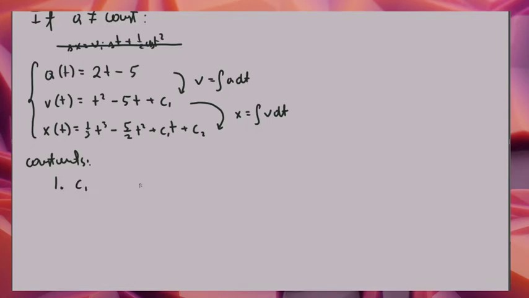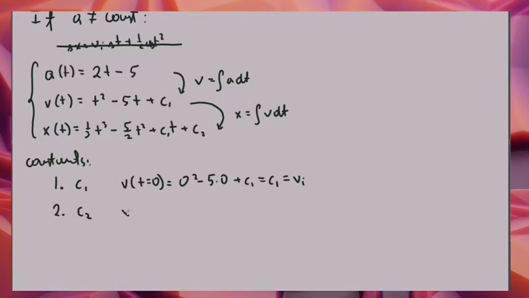To find c1, what I would do is set the time to 0, and then that gives me 0 squared minus 5 times 0 plus c1, and that's nothing but c1. So c1 is the velocity at time t equals 0, meaning c1 is just the initial velocity vi. For c2, I would do something similar.